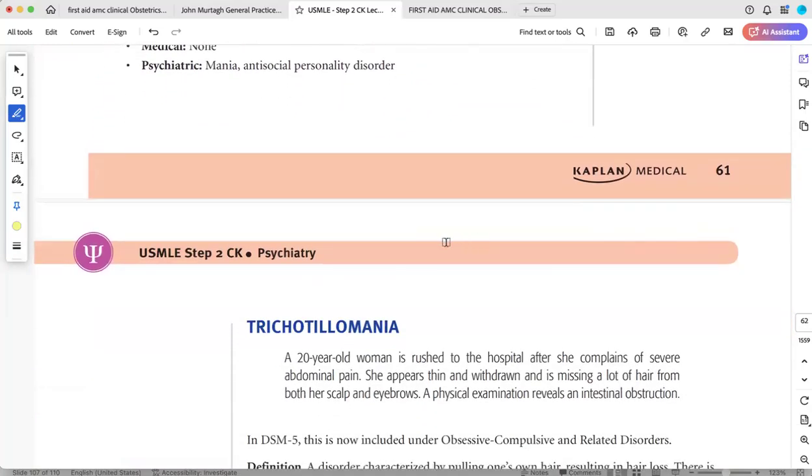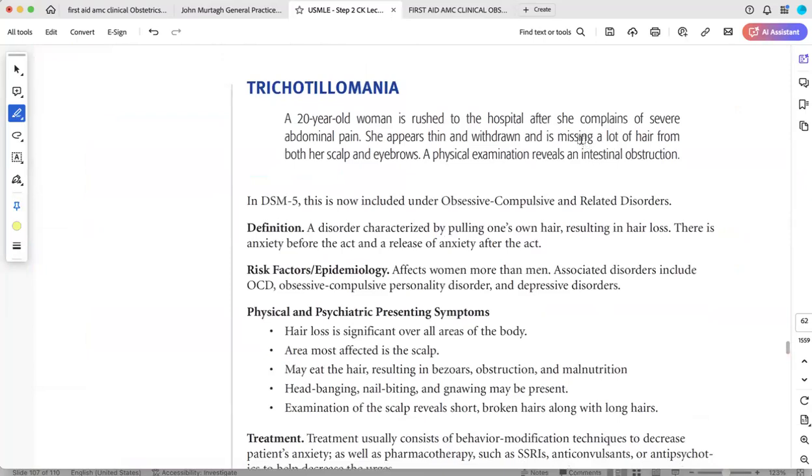Psychotherapy sometimes can work, but not always. You can always send them to a counselor.